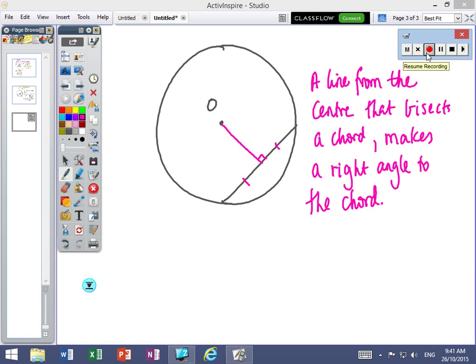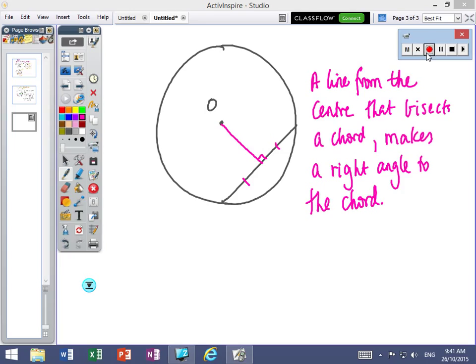Okay, there's three opposite statements. So the opposite statements are, if a line bisects a chord, it must be at a right angle. So if a line bisects a chord and goes through the centre, it must be at a right angle.